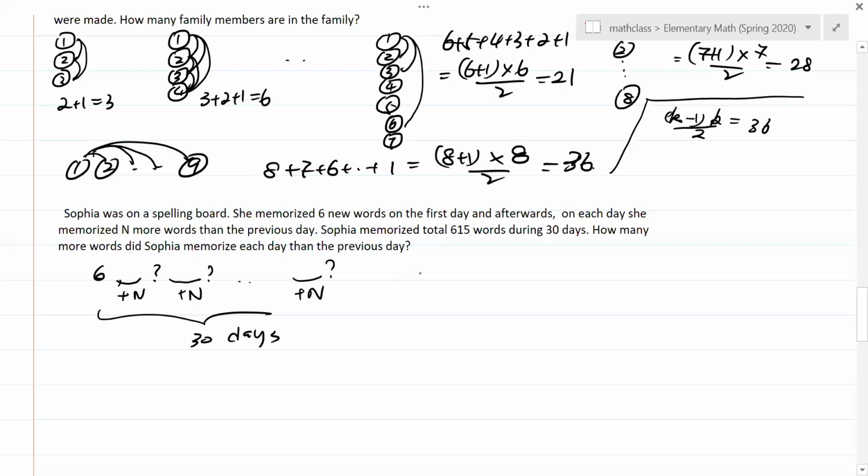So the sum of all the numbers is going to be 6, and so on, add them together. The sum is going to be 615. I just want to know, each day, how many more words memorized than the previous day.